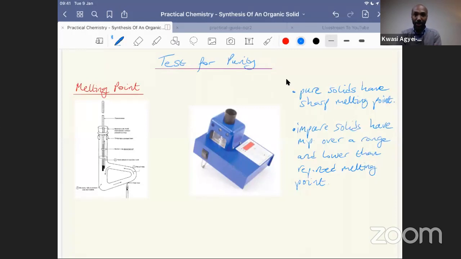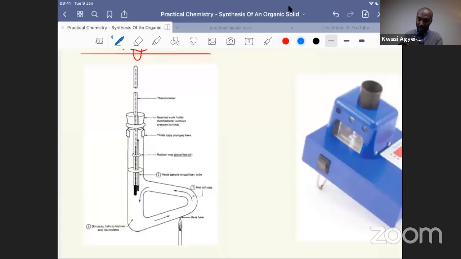in your data book. Okay, so let's look at the two pieces of apparatus on our screens to see how these can be used to measure the melting point of our solid. The first one on the left is what is known as a Thiel tube. I'm going to zoom in on that.